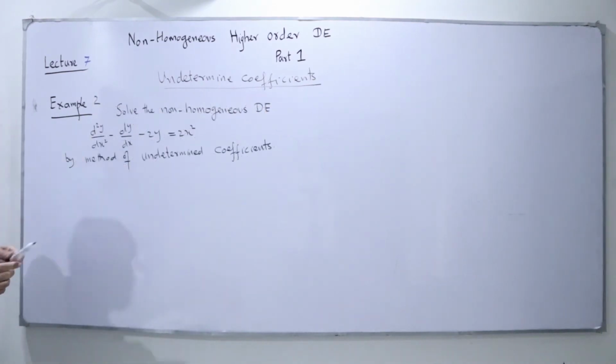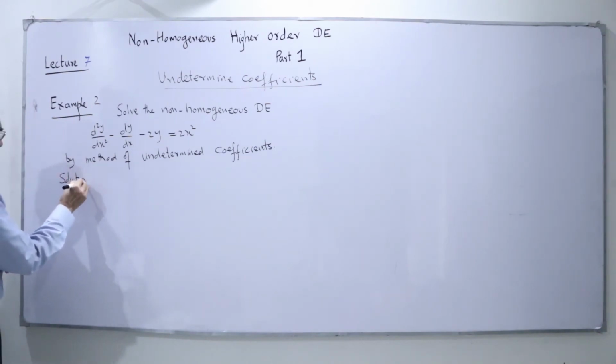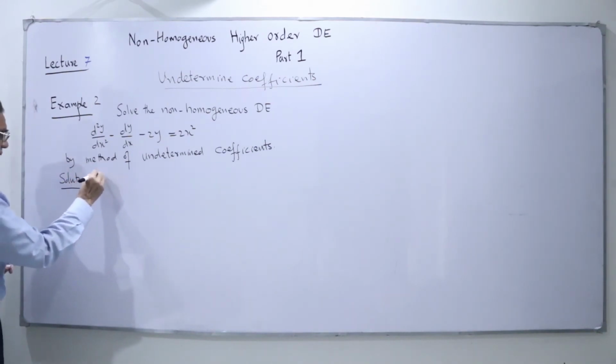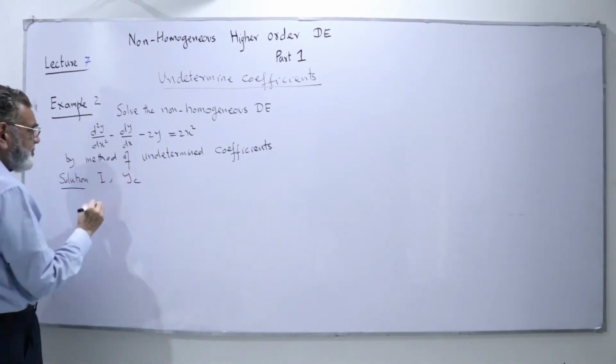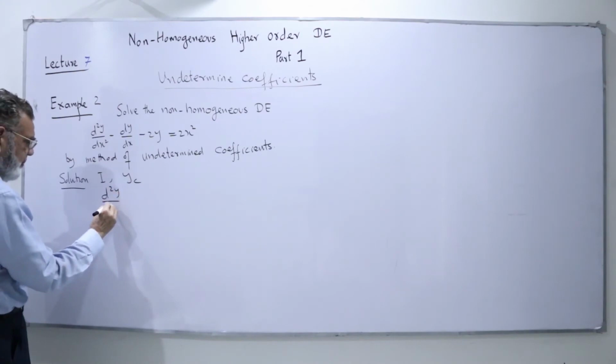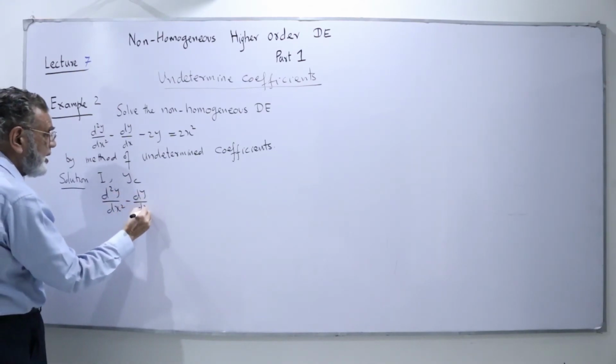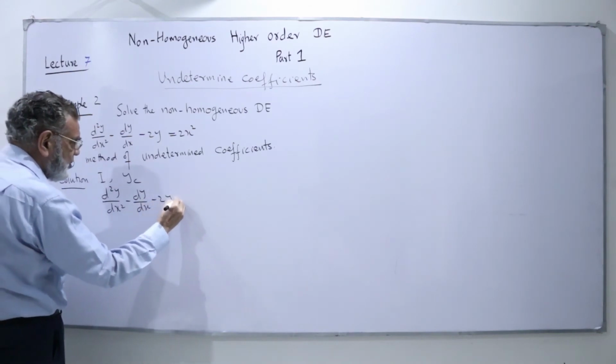I have the example, we want to solve this non-homogeneous second order differential equation by method of undetermined coefficients. Again, we need to find the homogeneous part yc. We find yc and yp. To find yc, we take the homogeneous part d2y by dx square minus dy by dx minus 2y equal to 0.